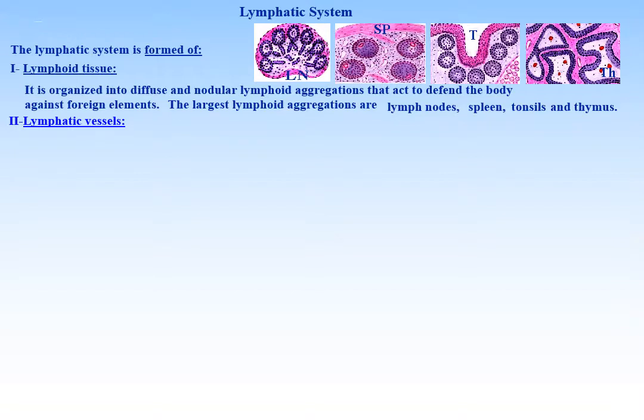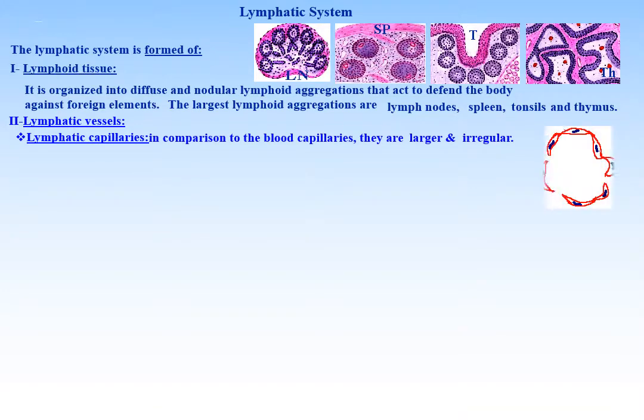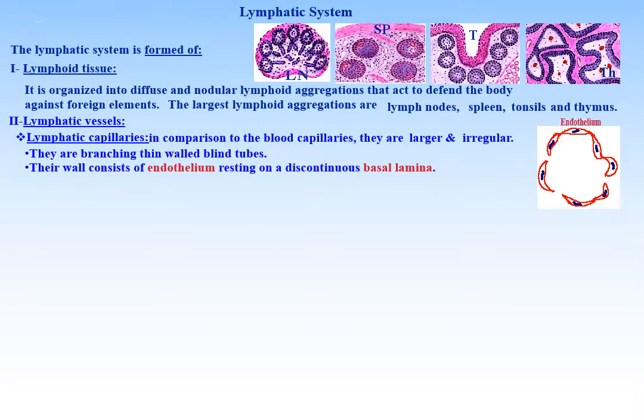Then lymphatic vessels. These are lymphatic capillaries, which are, in comparison to blood capillaries, larger and irregular. They are branching, thin-walled blind tubes. Their wall consists of endothelium resting on a discontinuous basal lamina.